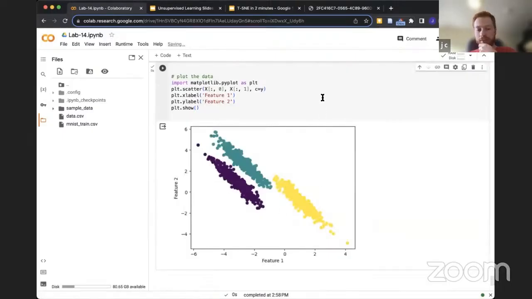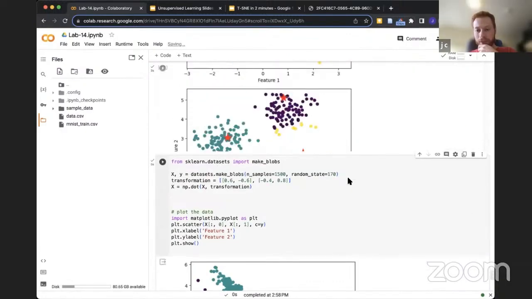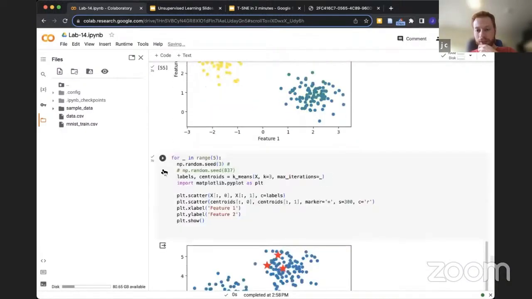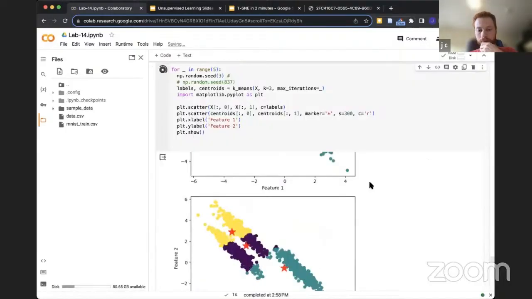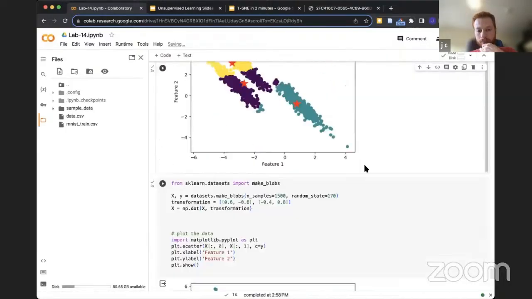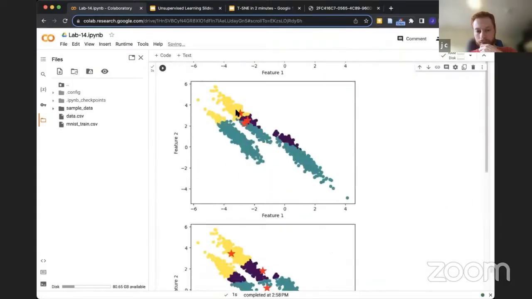And, well, how do you think k-means is going to behave there? Very badly, as we can see. So we start all there again for some reason.